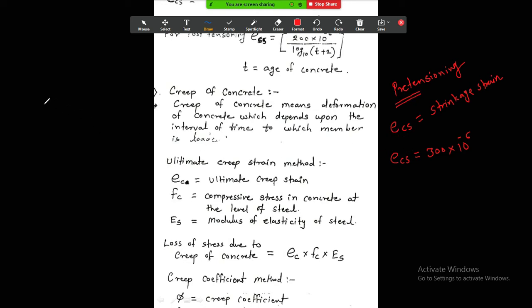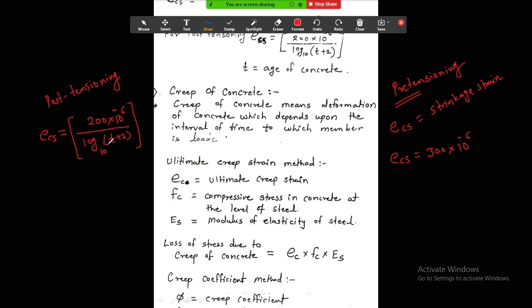And for post-tensioning, ECS is equal to 200 into 10 to the power minus 6 divided by log t plus 2, where it is log to the base 10, not to the base e.